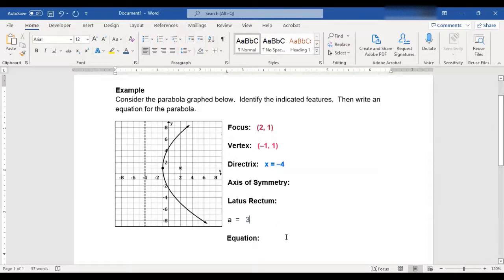For the equation component, remember that the shape of the equation for a parabola is something squared equals either a positive or -4a times something. So I'm going to set that up. Something squared equals either a positive or -4a times something. Now, the something that gets squared is either x minus h or y minus k.